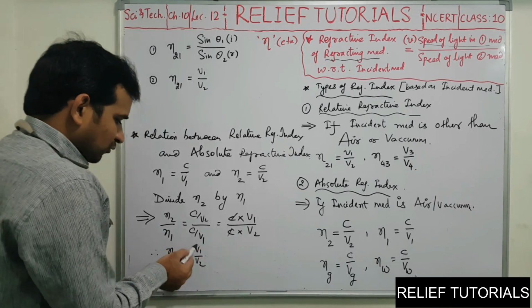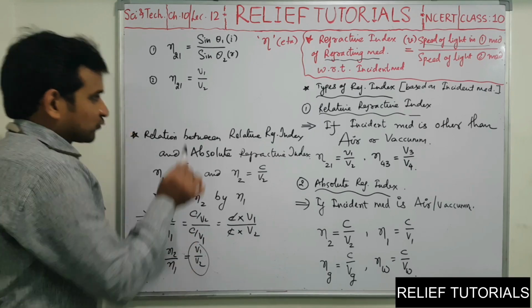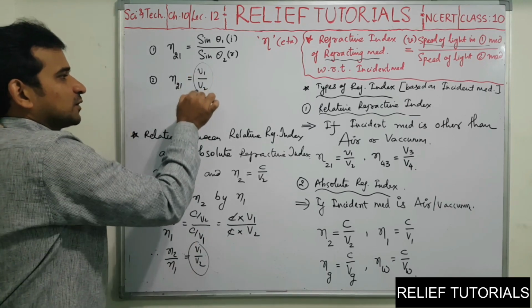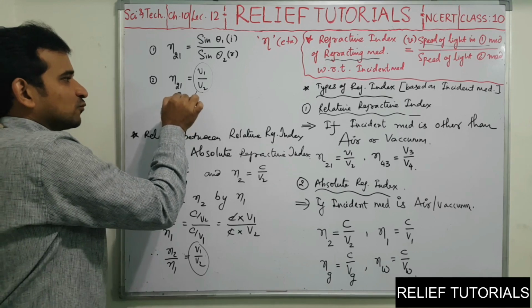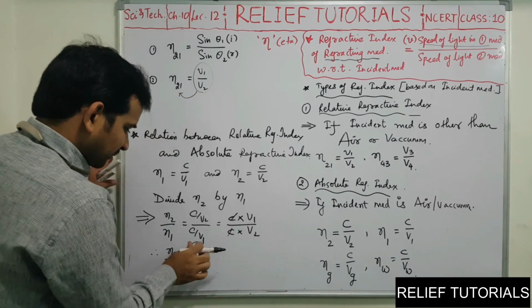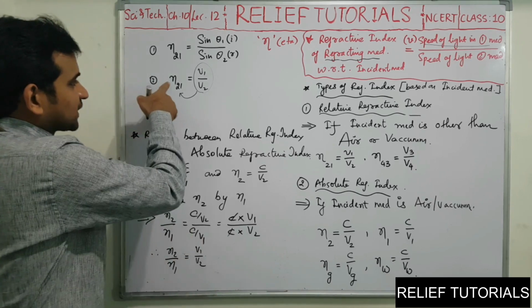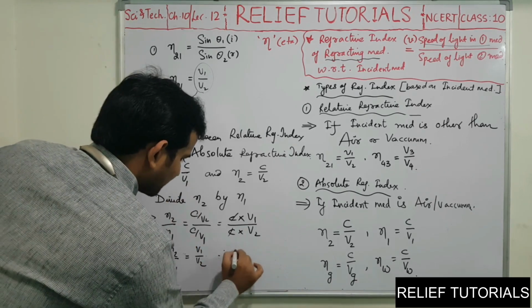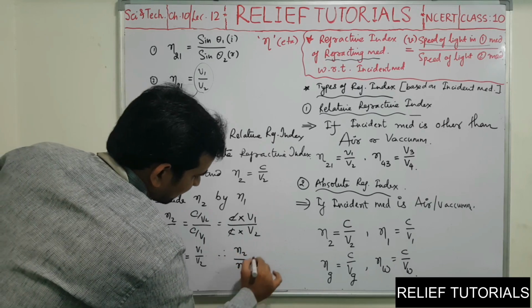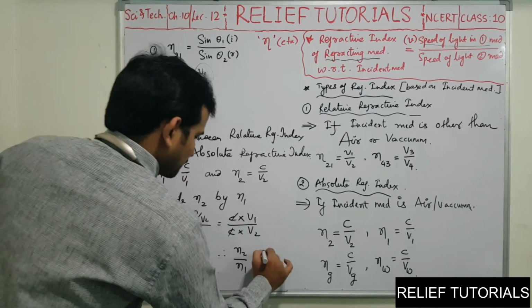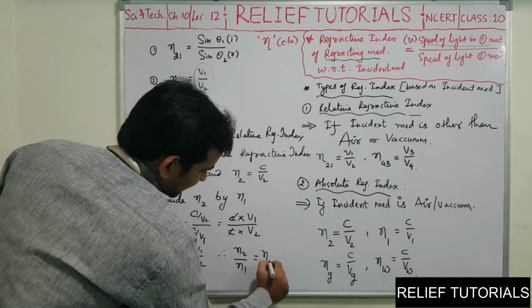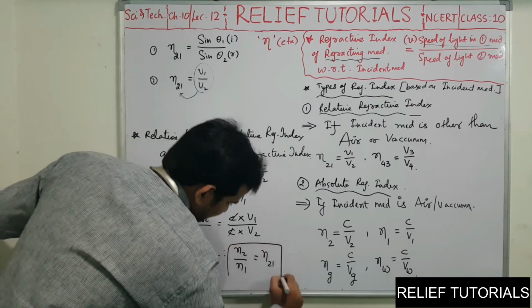But what do you mean by this V1 by V2? V1 by V2 is nothing but eta 21. So we can replace V1 by V2 by eta 21. So the next step would be eta 2 by eta 1 is equal to eta 21.